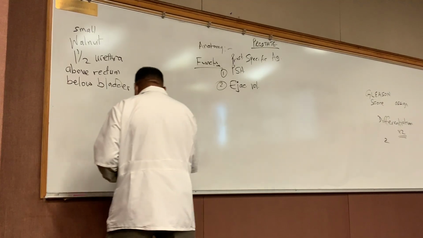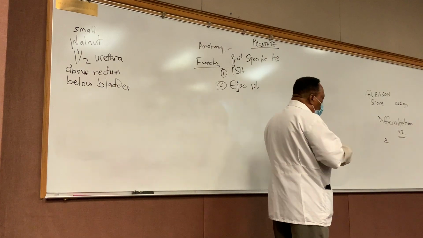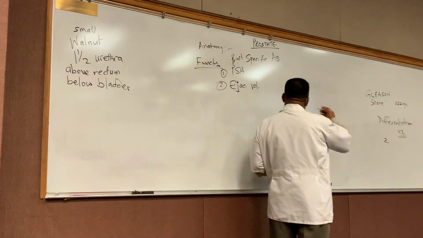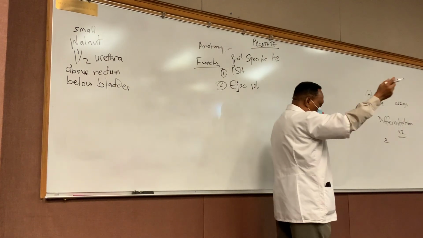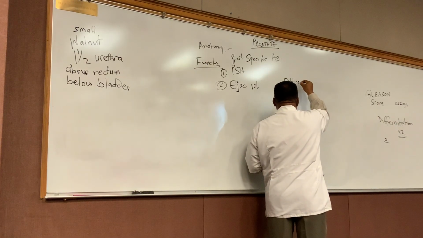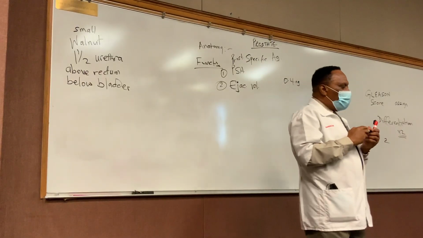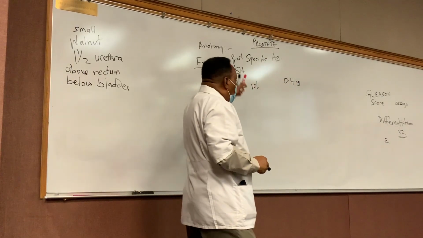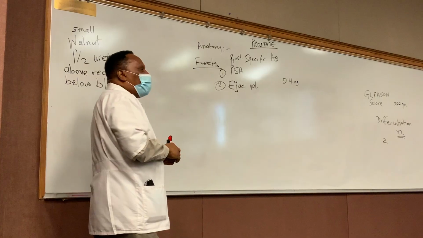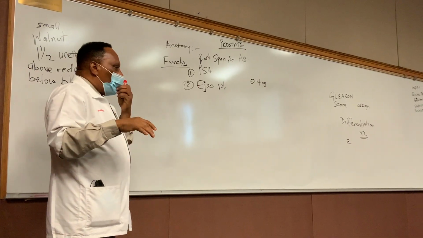Okay, so in the past we used to say that 0.4 nanograms per mil of your PSA is normal.